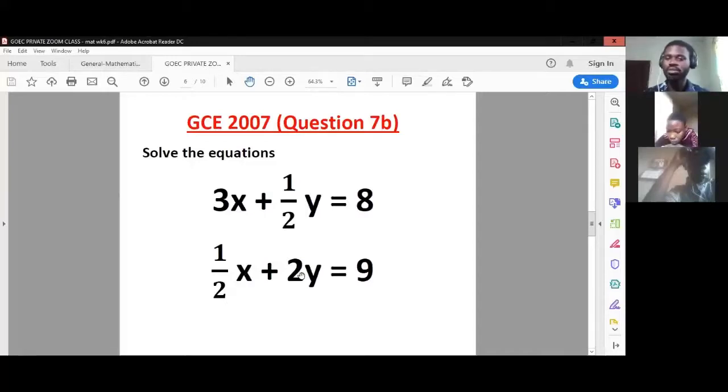You come here again, multiply this one by 2: 2 times 2y, you get 4y. Then 2 times 9, you get 18. So you are going to have a new equation 2. In both equations, all the fractions will disappear. You now have new equation 1 and new equation 2.